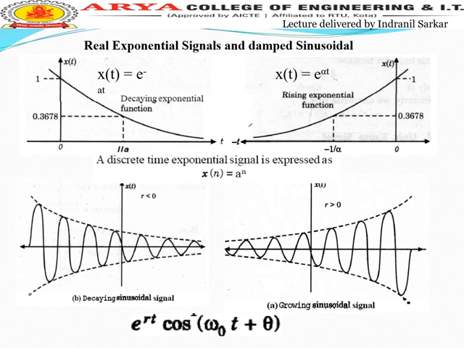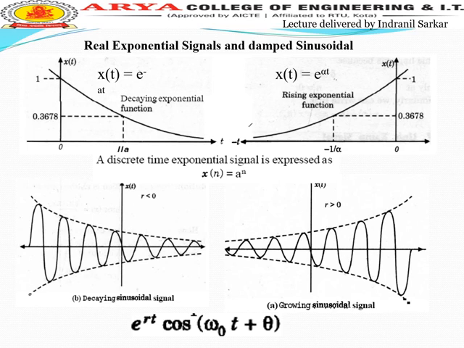Real exponential signals and damped sinusoids. Here it is represented on the left side in the top corner. x(t) is equal to e to the power minus αt, or minus at. That means this is the decaying exponential signal, which is on the positive side of the axis.